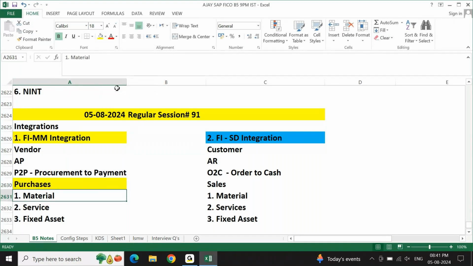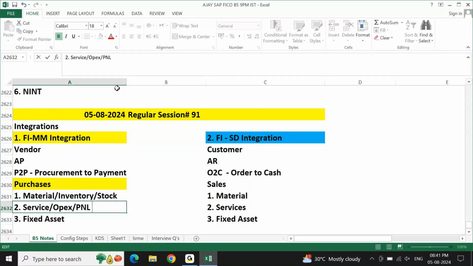One, you may purchase a material. Material is also nothing but inventory, it is also your stock. You can purchase material, inventory, or stock. Second, service. Service is also nothing but OPEX, or P&L expenses.